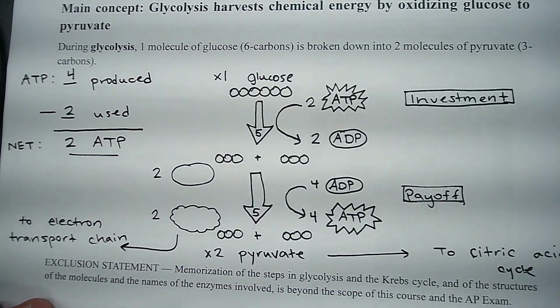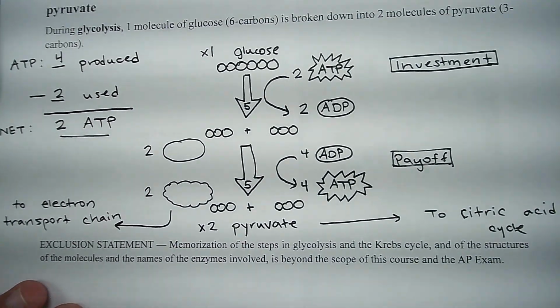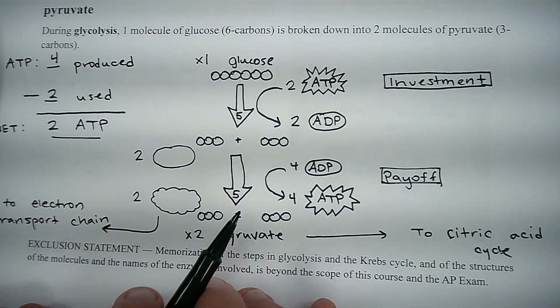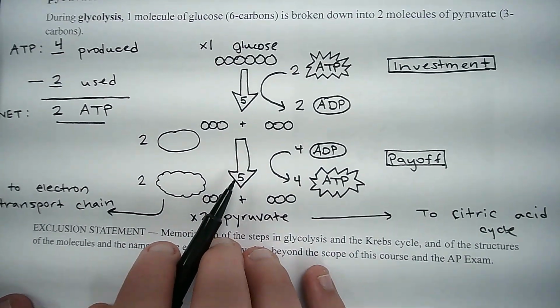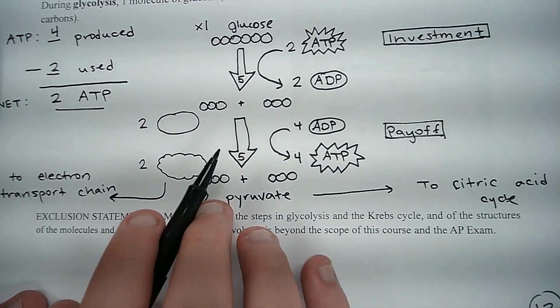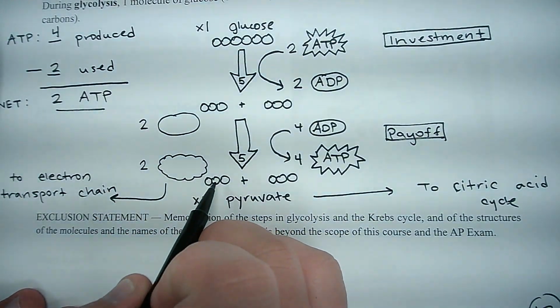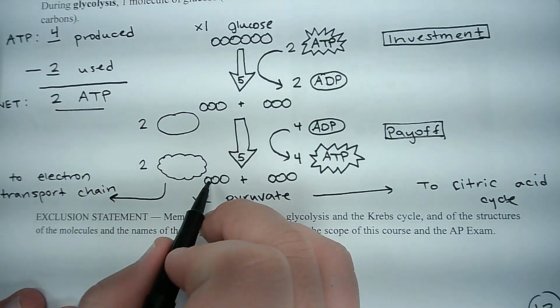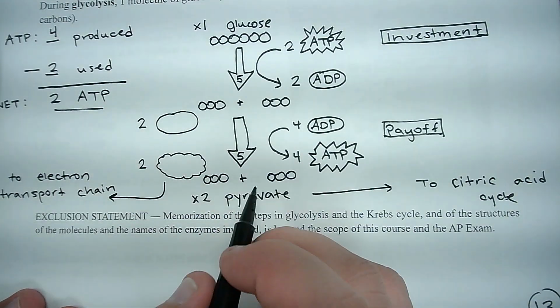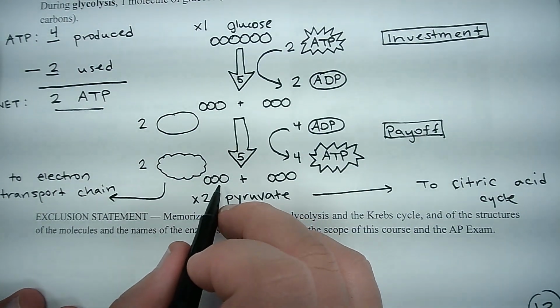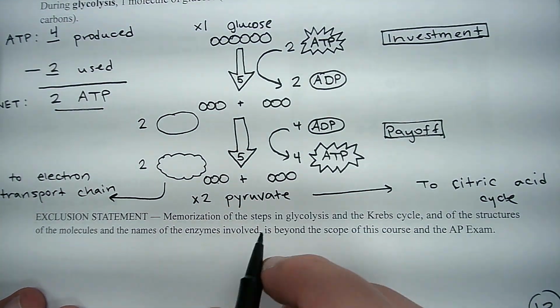Another thing to consider is where the end products go. First of all, ATP is used by the cell as energy, but at the end, glucose, that 6-carbon sugar, is split into 2 3-carbon sugars. It's split right in half. We call these pyruvates. So that's one pyruvate, that's the second one.